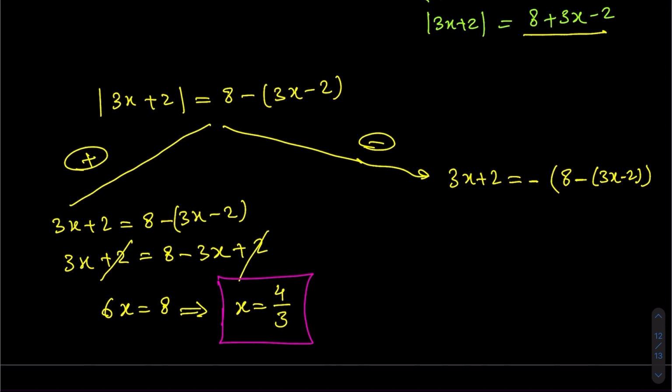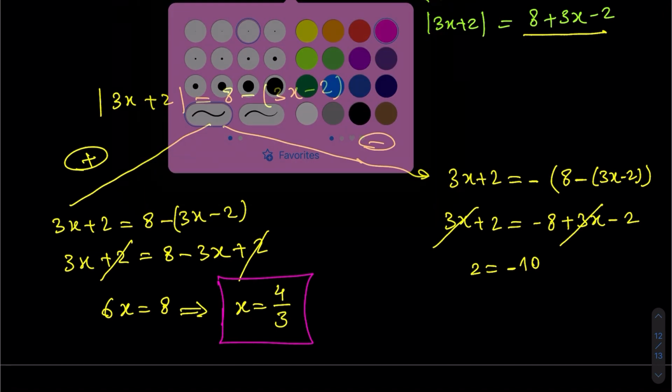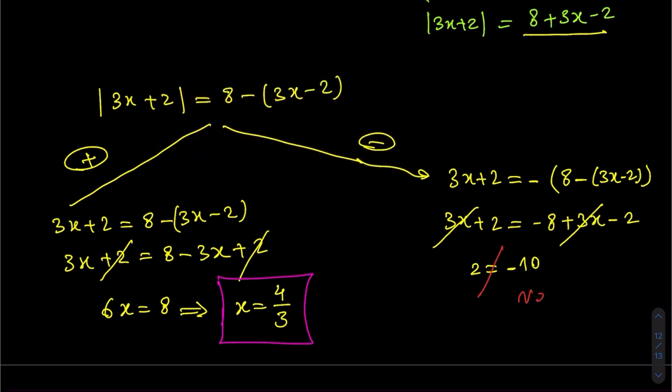So therefore it will be 3x plus 2 is equal to, let's simplify it, minus 8 plus 3x and then minus 2, and this will be cancelling out these 3x's, and then 2 will be equal to negative 10, which is not possible. So this is not possible, and not accepted. Okay?